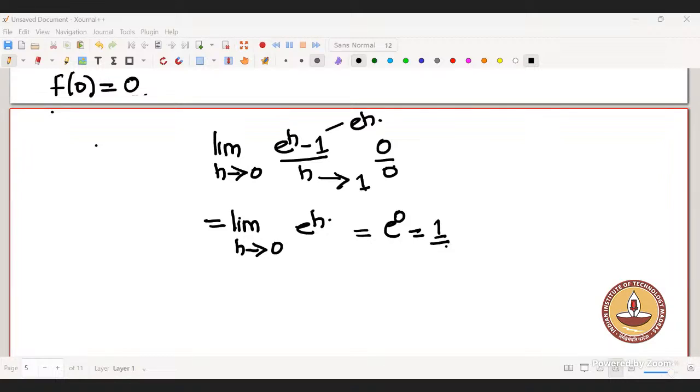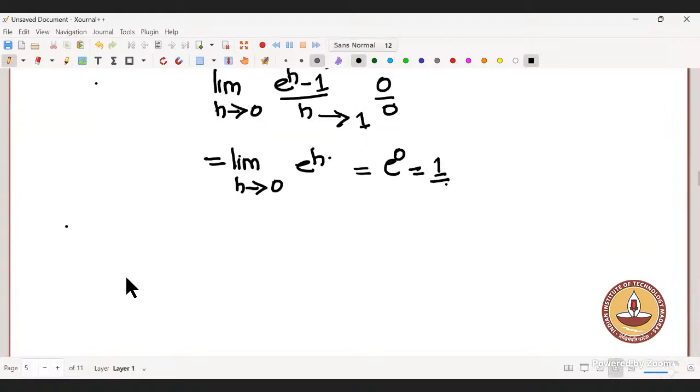Anything else? Any other doubt? Sir, the inverse of a differentiable function is differentiable, right? Is that not the case?